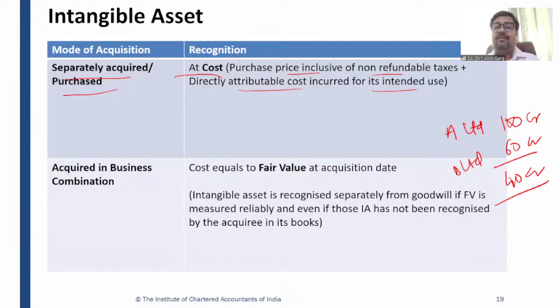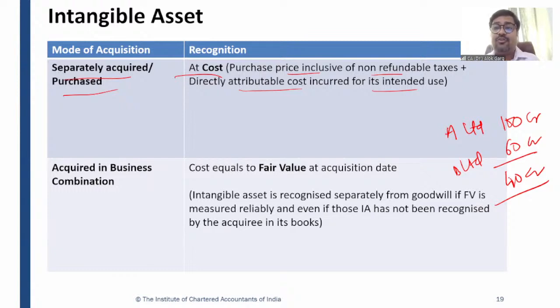So the standard says, when you read Ind AS 103 business combination standard, that if there is an extra payment, that extra payment has to be evaluated for a separate intangible asset. That apart from goodwill, if there is any intangible asset for which the entity is paying extra, that intangible asset has to be recognized separately. Because this is not a case of internally generated.